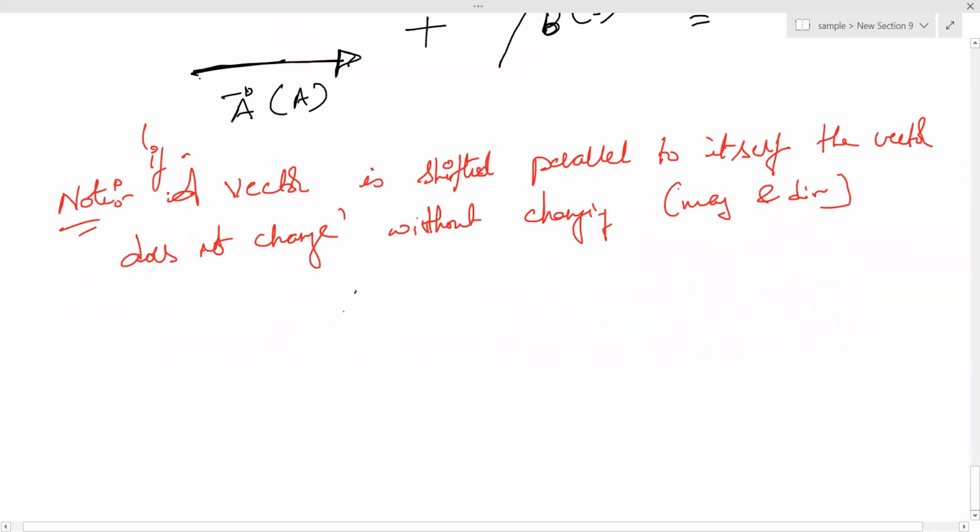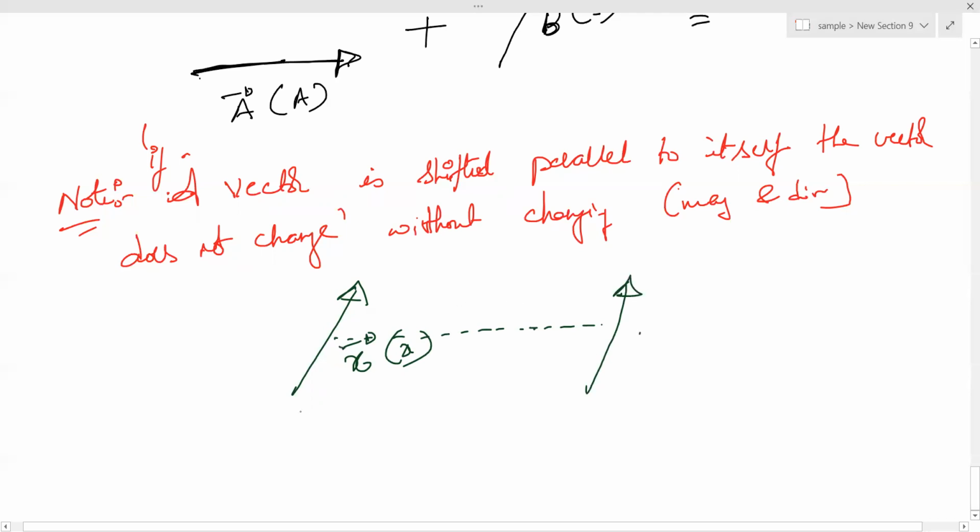Suppose there is a vector like this, some x vector having x magnitude. Now, if you shift this vector parallelly, you're not changing the rotation or anything, without changing length, magnitude, or direction.